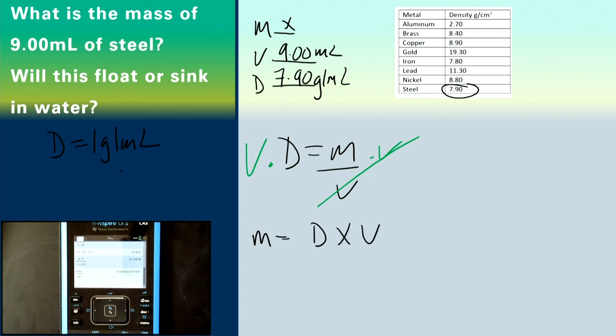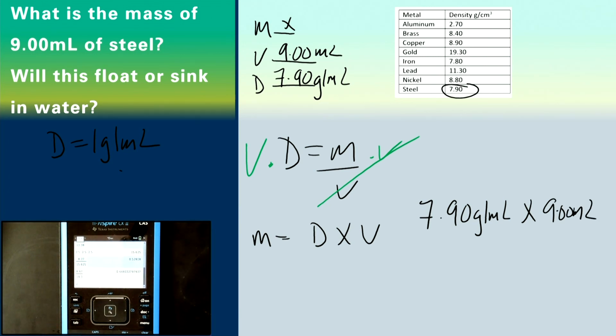So my density is 7.90 grams per milliliter times my volume, which is 9.00 milliliters. So putting that in the calculator, 7.90 times 9.00 is going to give you 71.1.